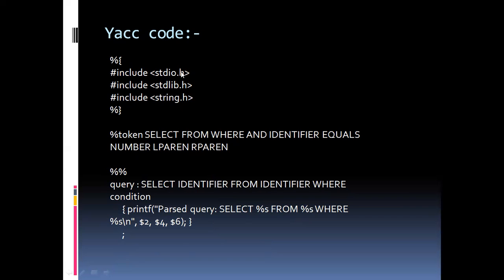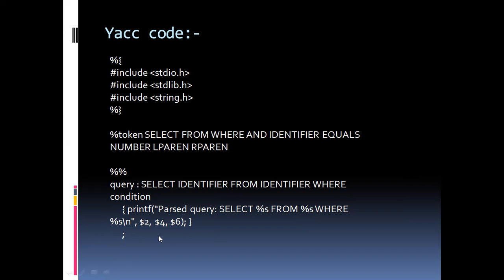In this, include stdio.h, include stdlib.h, string.h, then %token SELECT FROM WHERE IDENTIFIER EQUALS NUMBER, and left and right patterns like that. So %% query: SELECT IDENTIFIER FROM IDENTIFIER WHERE condition.